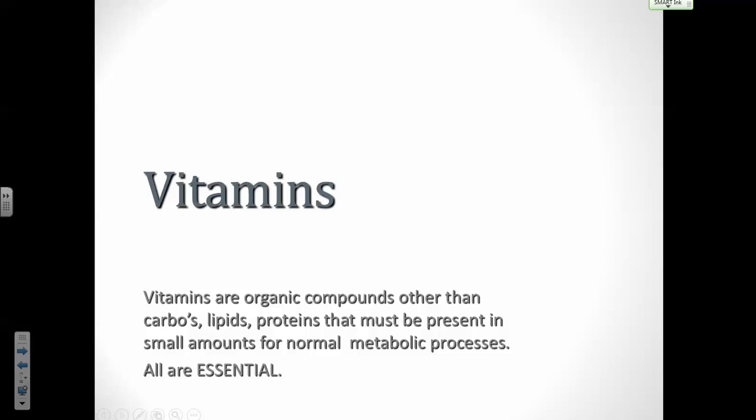And a mineral, those are just the ions, calcium, potassium, individual elements. Okay. All vitamins are organic, and all vitamins are essential. Even though we can make some, like vitamin K in your digestive tract, it's not enough. So you have to get vitamins in the foods that you eat.